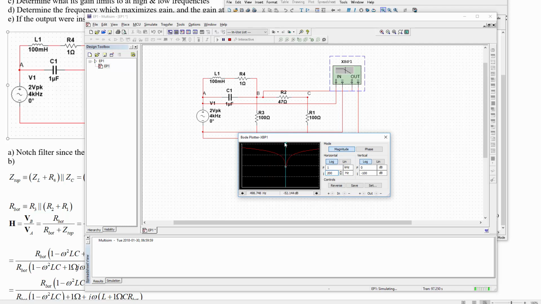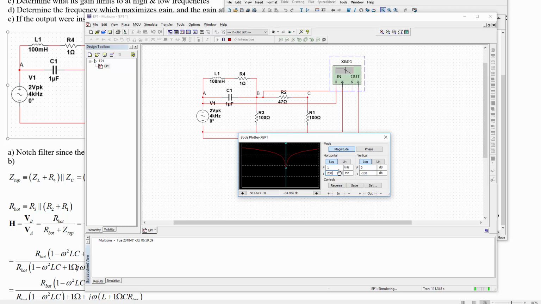So from towards 0 decibels at the ends, you'd expect, and then right in the middle we've got a notch which is going down to a pretty low value. So this is actually, despite the 1 ohm resistor being there, getting us pretty close to 0.